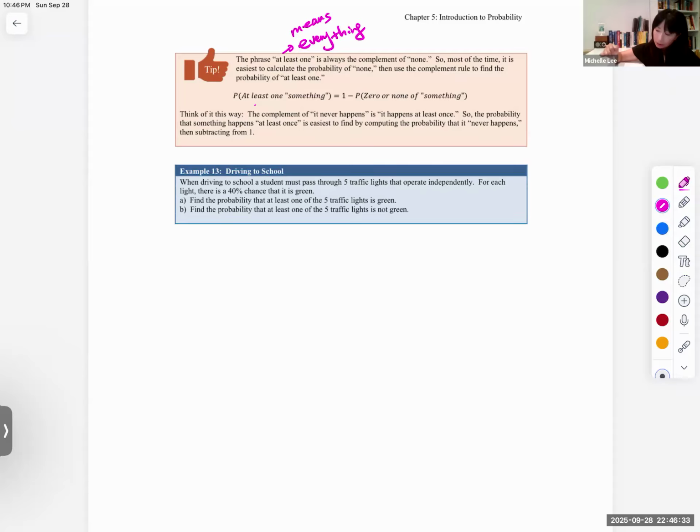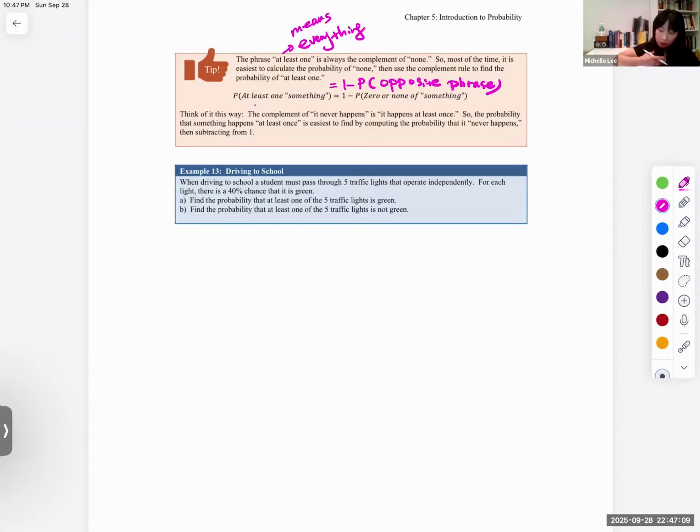Then we make the complement: 1 minus the probability of none of something. So we think about the opposite phrase every time. So normally we are using none.